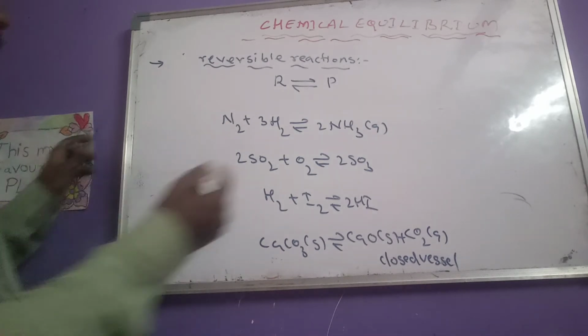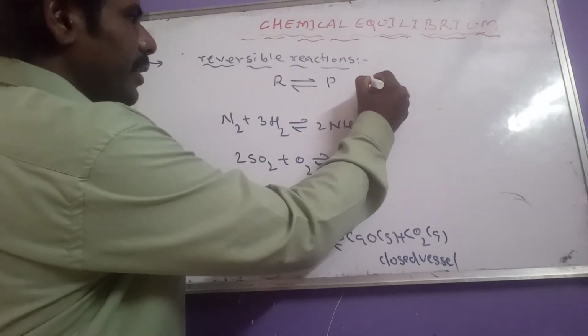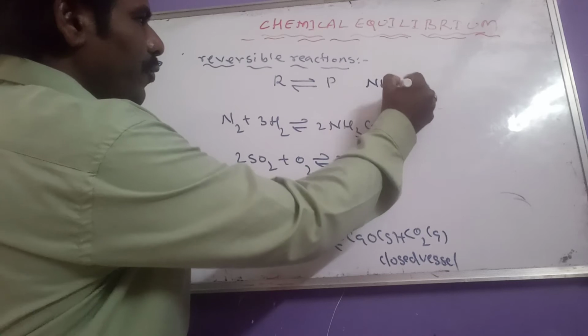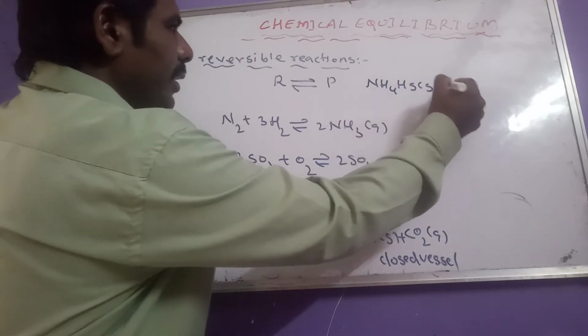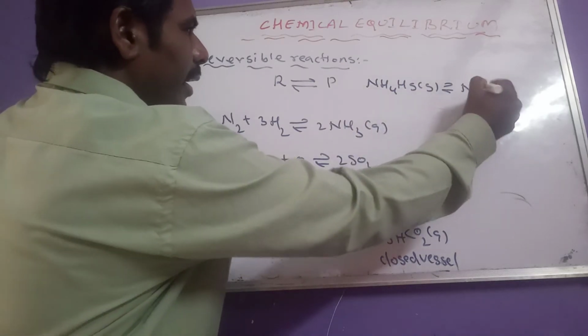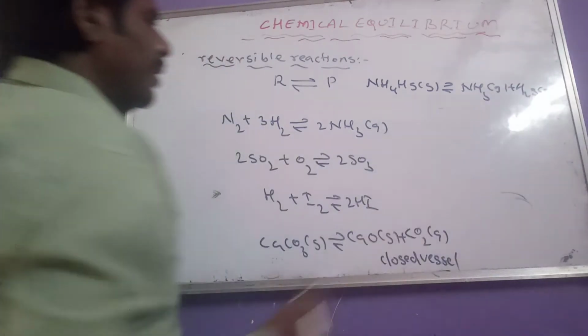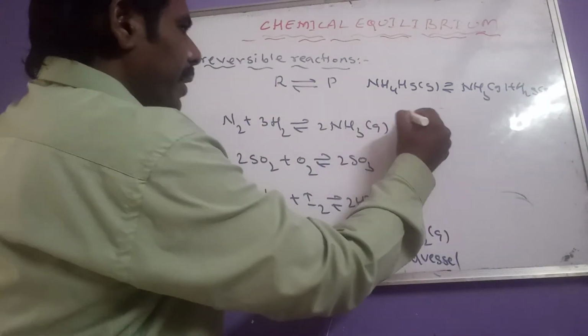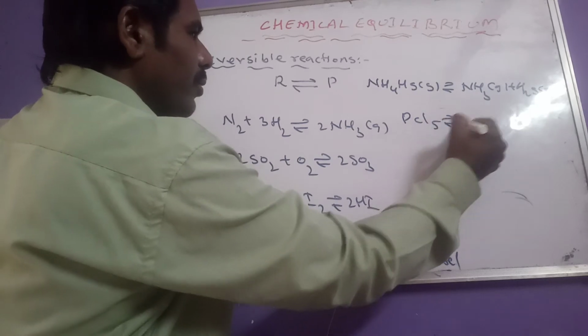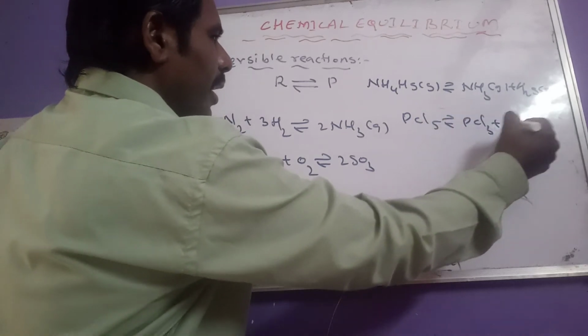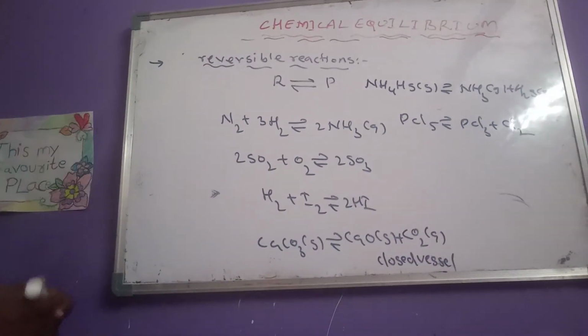Another example we can take here: NH4HS solid gives NH3 gas plus H2S gas, and PCl5 gas gives PCl3 gas plus Cl2 gas.